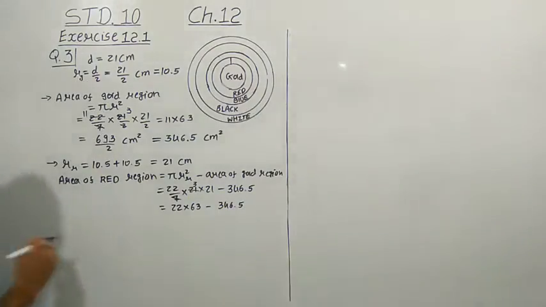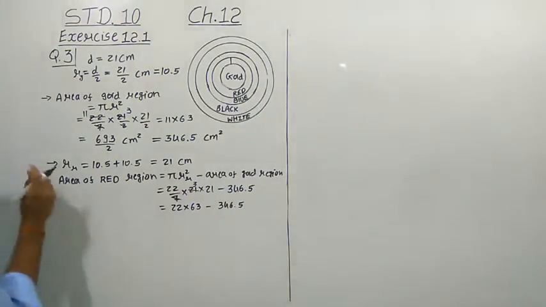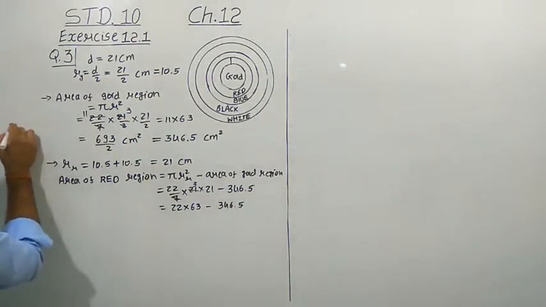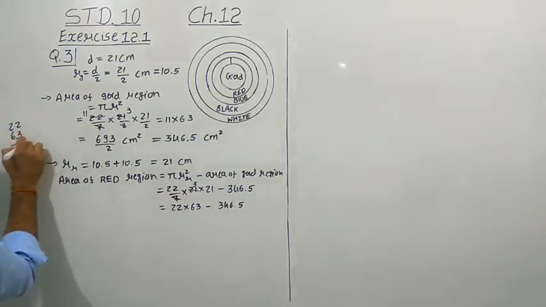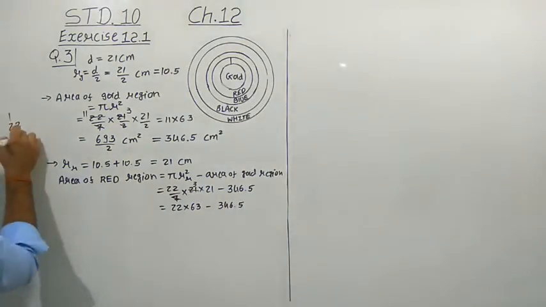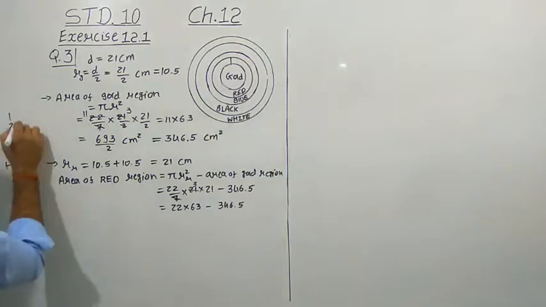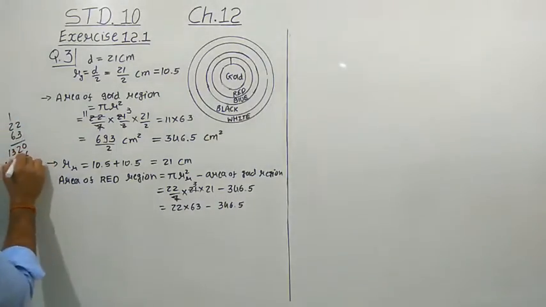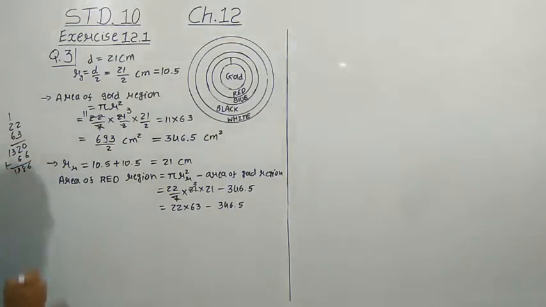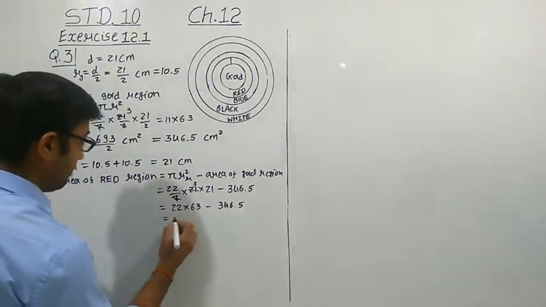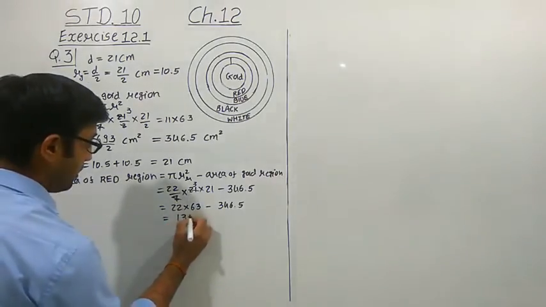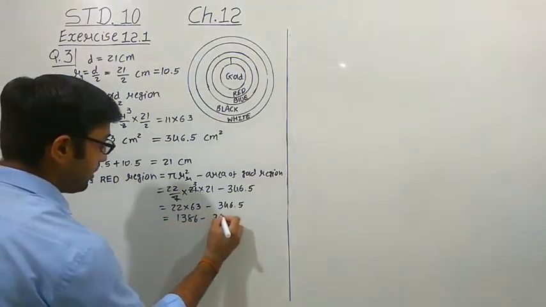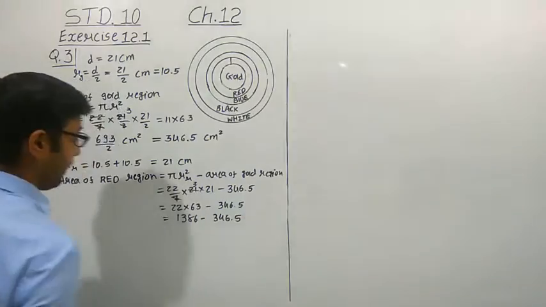So 22 into 63 is 1386. Now 1386 minus 346.5.